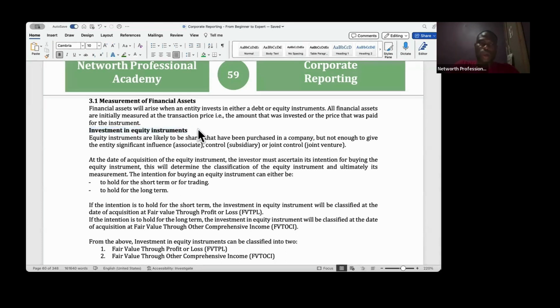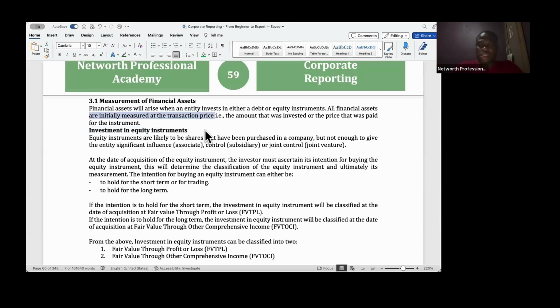So when you buy shares, in your books you initially measure it, as I wrote up here, at the transaction price, which is the amount you invested.